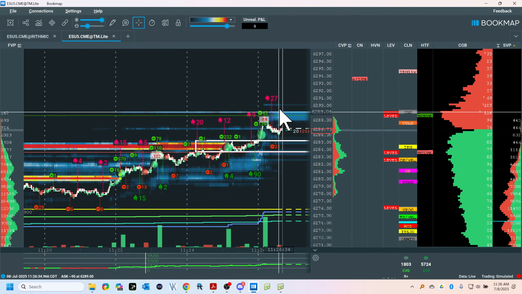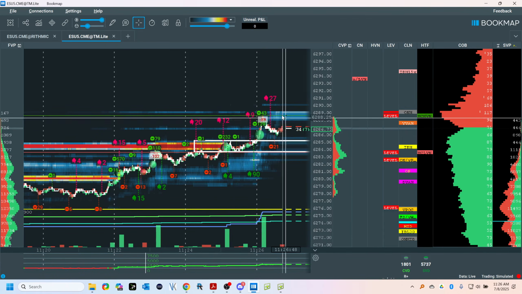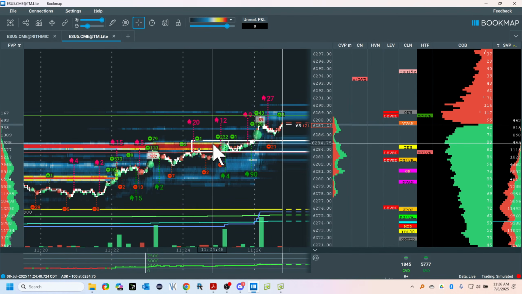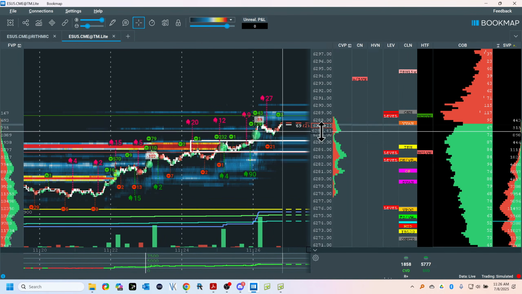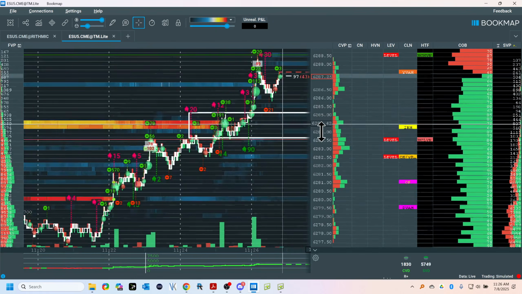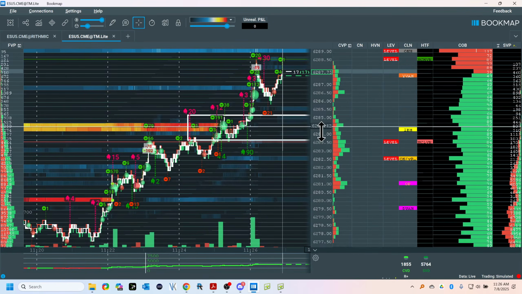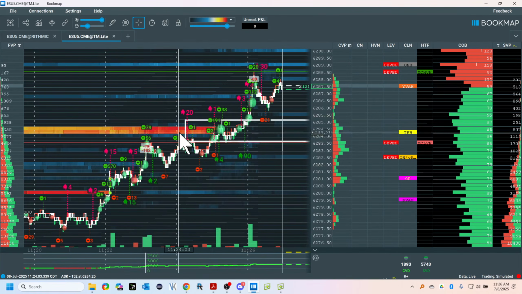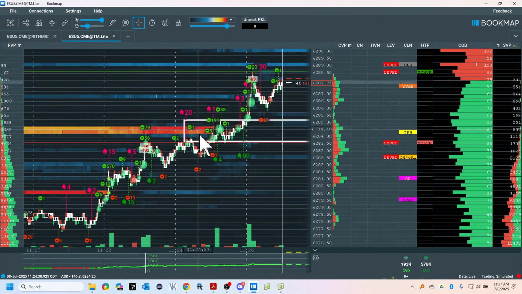So you'll notice now the reason this is blue is because there was so much liquidity here. If I scroll, I just want to show you. Well, I can't really show you because this, from a graphic point of view, is dominating the heat map.